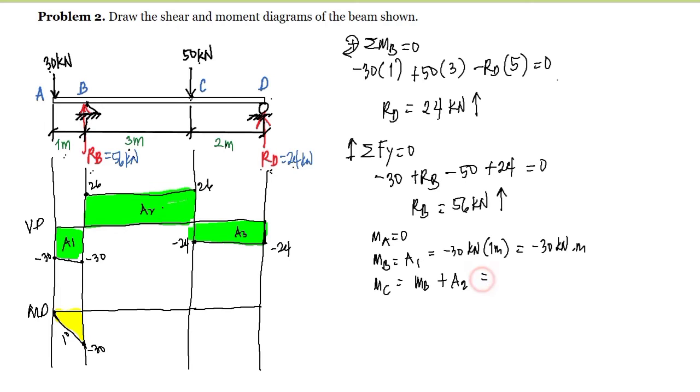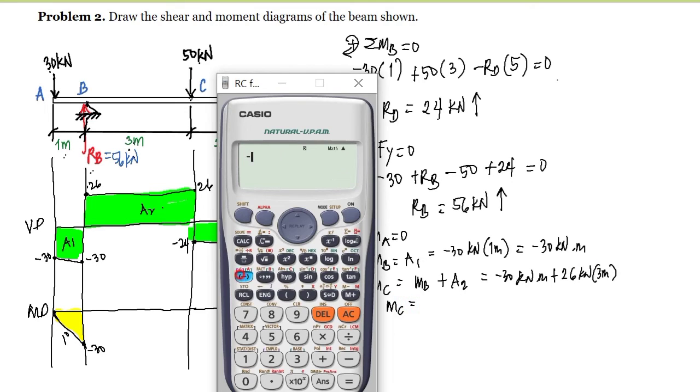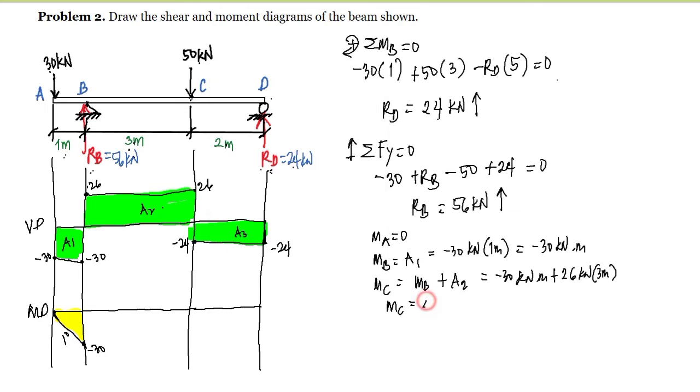So we have negative 30 kilonewton meter plus the area 2. So that's 26 multiplied by the length of 3 meters. Solving for the value of the moment at C, we have negative 30 plus 26 times 3. And this is equal to 48 kilonewton meter.